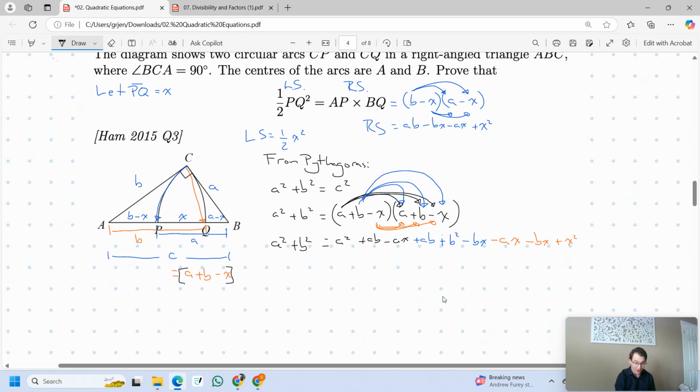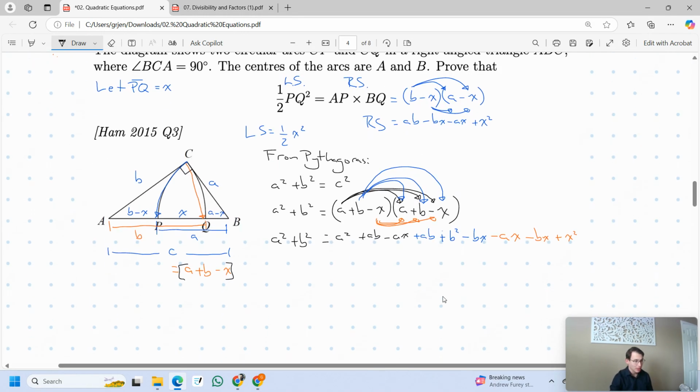All right, now let's simplify this as much as we can. Okay, we're going to subtract A squared plus B squared from both sides, so that gets rid of that, and it gets rid of that. All right, next we're just going to go ahead and simplify.